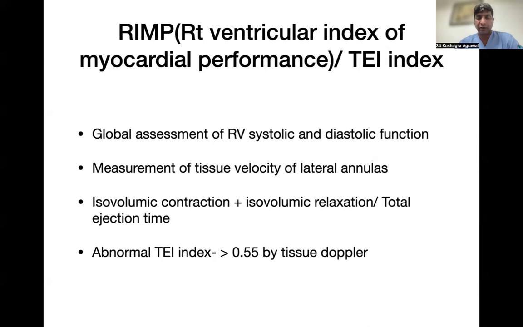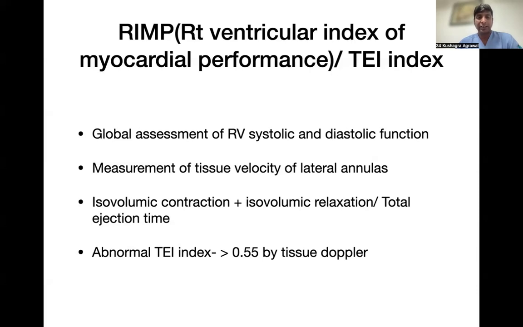Pulse wave Doppler measures higher velocity, like velocity of the red blood cells or the fluid. But to measure the velocity of the myocardium, very low frequency and high amplitude waves are required.